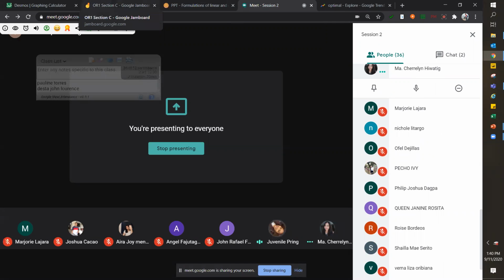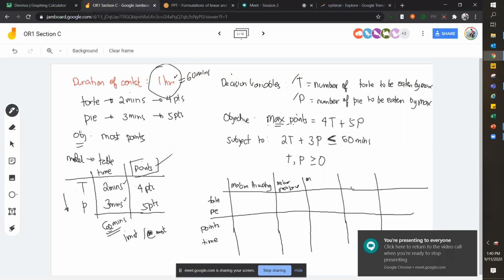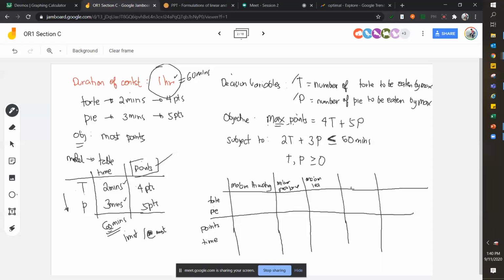Ayan, Ma'am Ira. Yep. So for now, we're guessing, di ba? Pero may mga algorithms tayong gagawin dyan. Ilang pie, ilang torta yung kailangan niyang kainin para ma-maximize yung points niya.